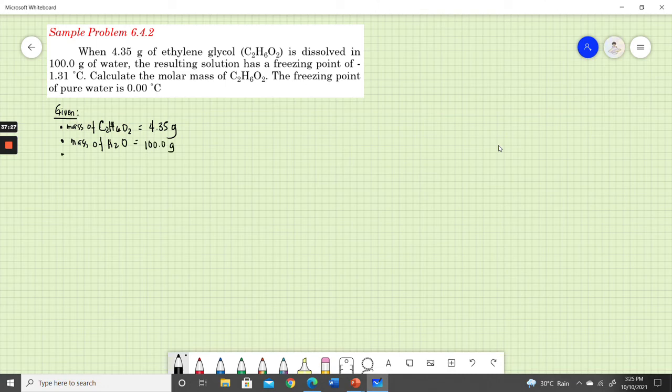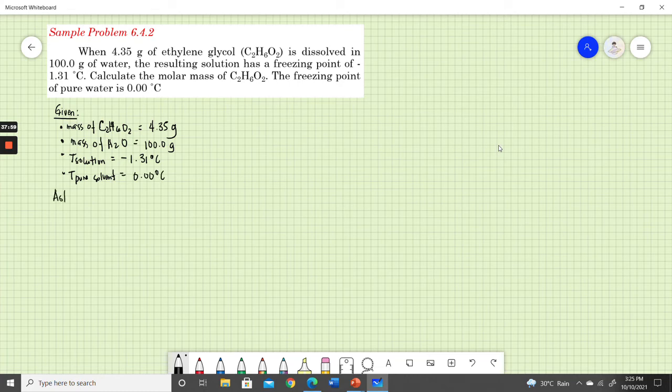Next, ang ibinigay sa atin is yung new temperature. In this case, this is the new freezing temperature of our solution, which is negative 1.31 degrees Celsius. And ibinigay din sa atin yung freezing temperature ng pure solvent natin, which is 0.00 degrees Celsius.